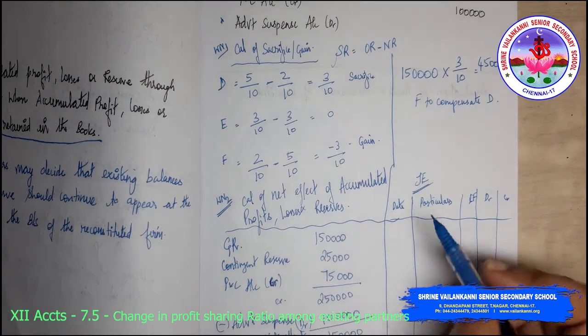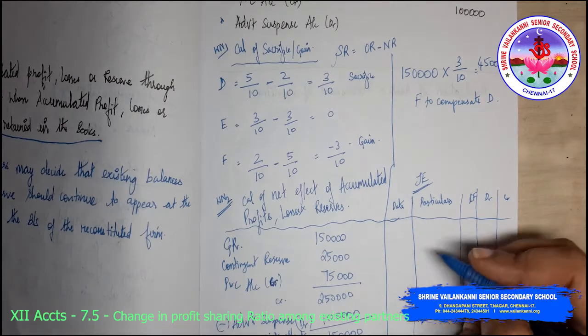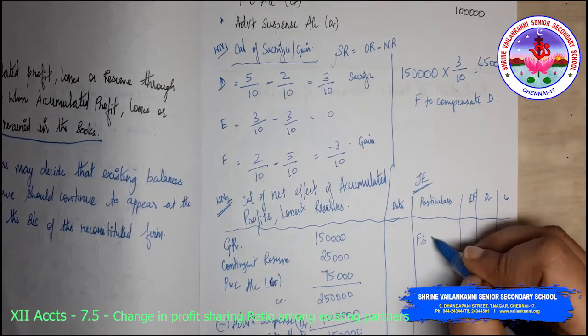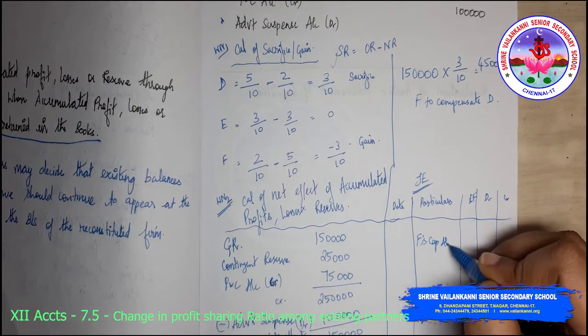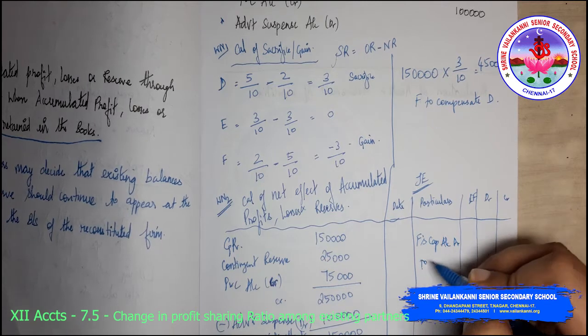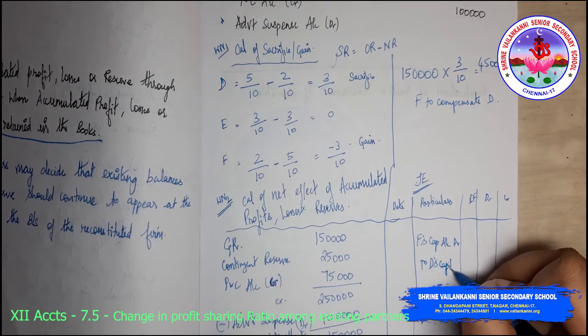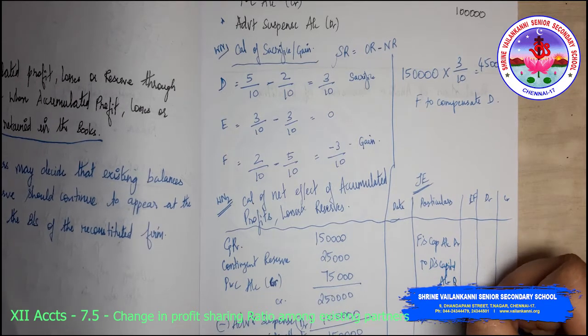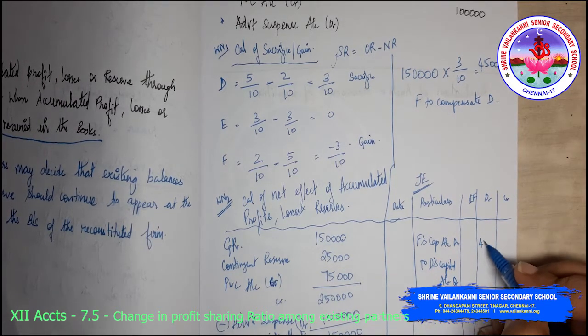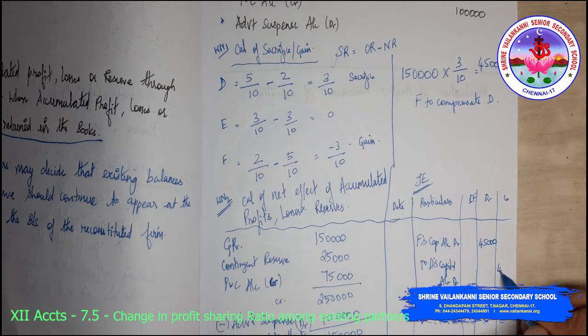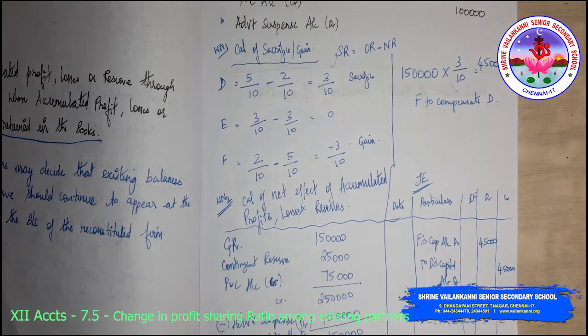Okay, so particulars, F's capital account debit to D's capital account, 45,000 and 45,000.